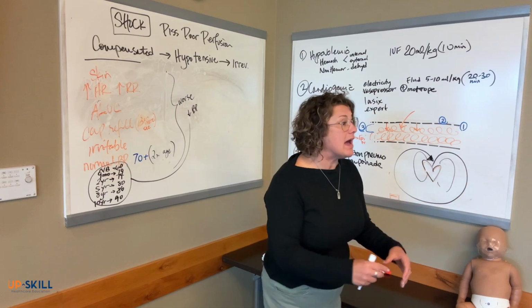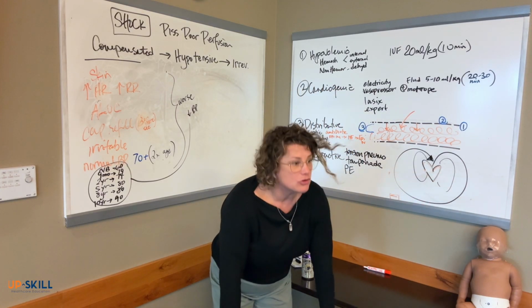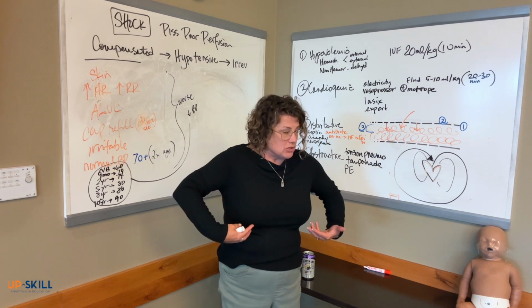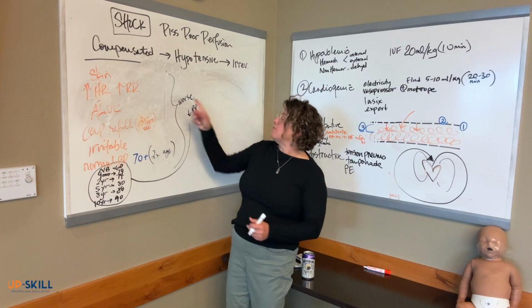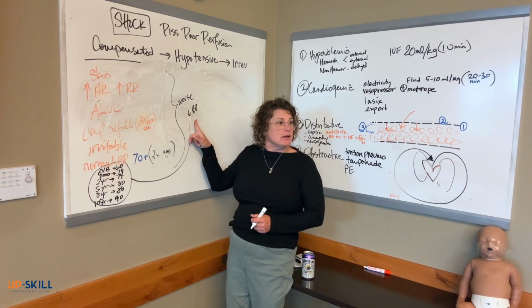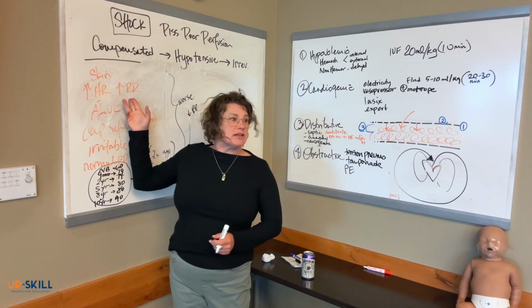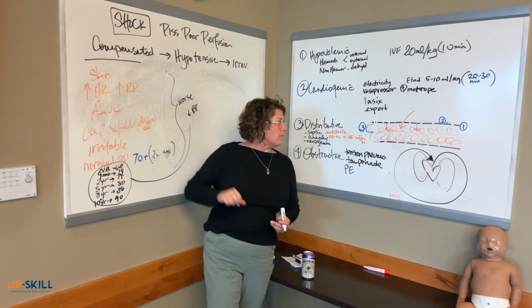I can't squeeze down. I have no squeezability. I don't have sympathetic nervous system sending blood back up to the core, okay? So definitely, I already moved to here in neurogenic shock because my blood pressure's in the toilet. I can't increase my respiratory rate, so I can't compensate. I can't fix any of this stuff, and so I'm right there.